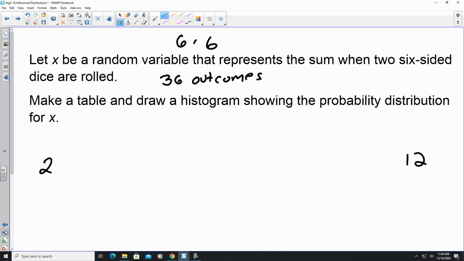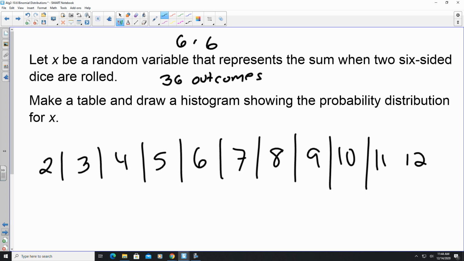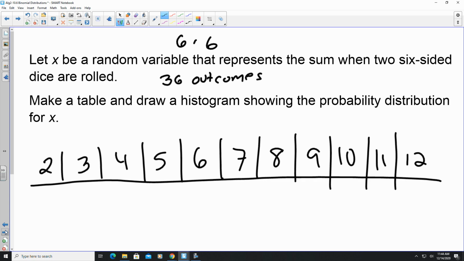Then we can get anything in between: 3, 4, 5, 6, 7, 8, 9, 10, 11. These are all the sums you can get when you roll two six-sided dice.